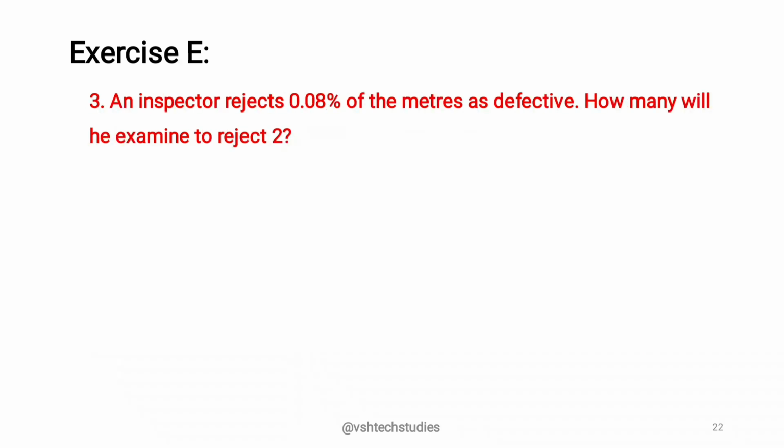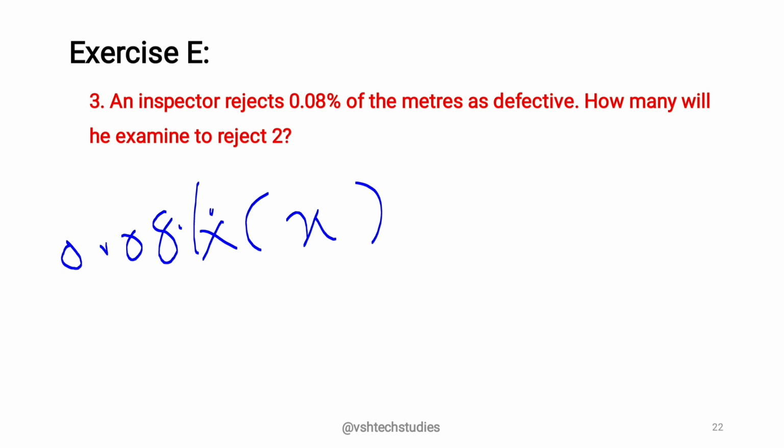Next we shall take up the third problem in exercise E. An inspector rejects 0.08% of meters as defective. How many will he examine to reject 2? So in this problem, the inspector is examining some amount of meters, that we take as X. So here 0.08% of this is equal to 2, because he has rejected 2.